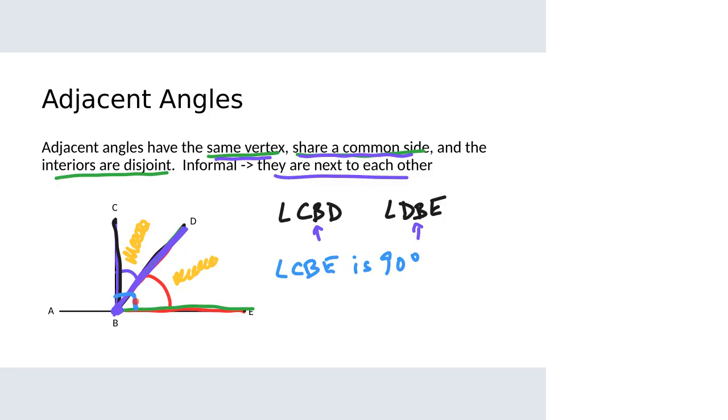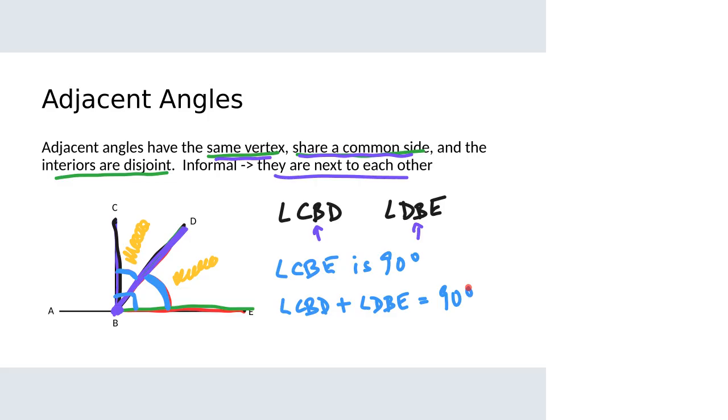And so what this tells us is, if I take angle CBD plus angle DBE, if I add those two together, I'm going to get 90 degrees.